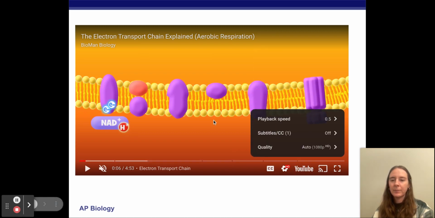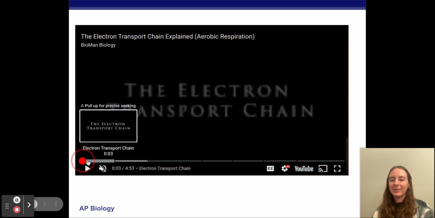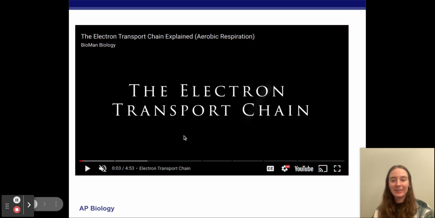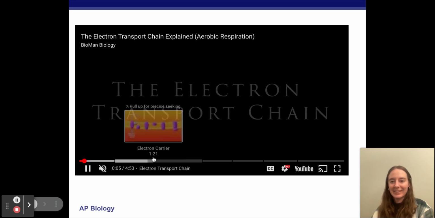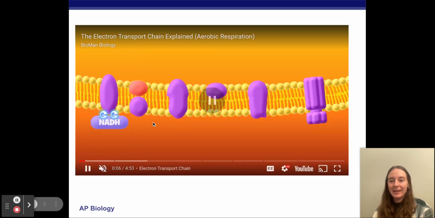Slow this down here. As our electron carrying molecules, our NADHs and FADH2s are now going to be oxidized. They're going to lose their hydrogens and they're going to pass their energy on somewhere else. So if we start off here, that's going to go really slow, with our NADHs.